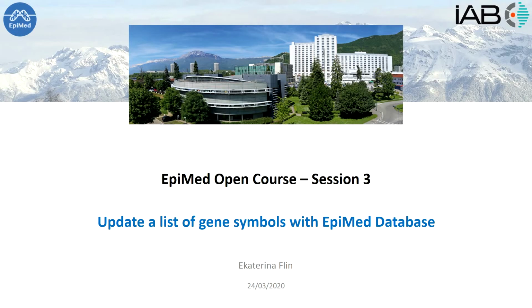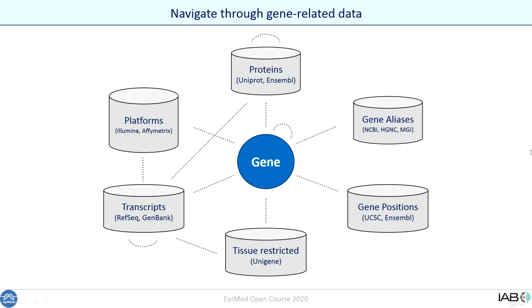When we work with omics data, very often we need to simply update a list of gene symbols. So I would like today to show you how we can easily do it with EpiMed Database. First, one may ask, why do we need to update our gene symbols?